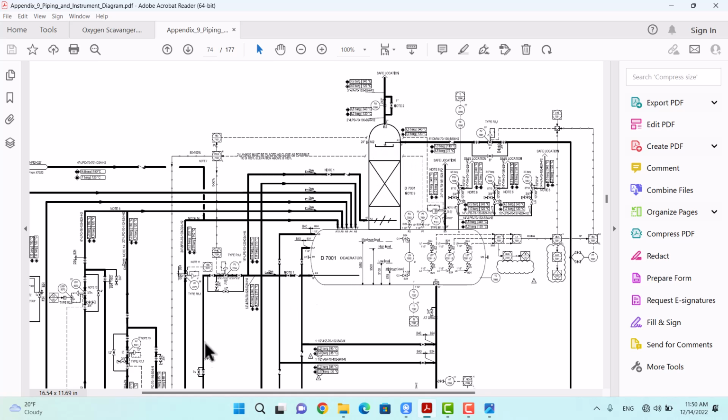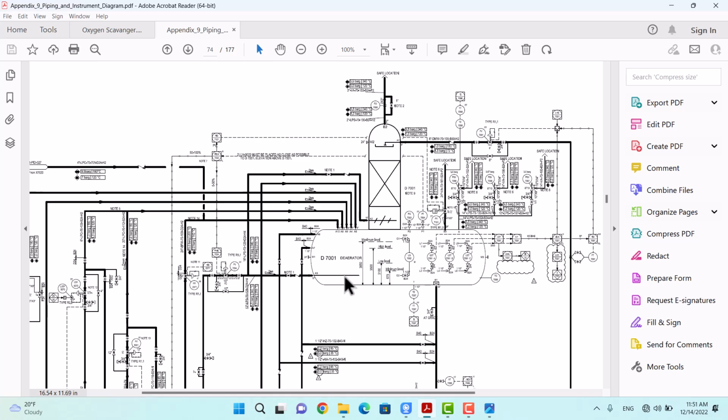Then here we have the LP steam, low pressure steam. The low pressure steam enters the deaerator through some spargers here. There are some spargers which distribute the steam throughout the whole length of the deaerator, and this steam tries to saturate the water above it.